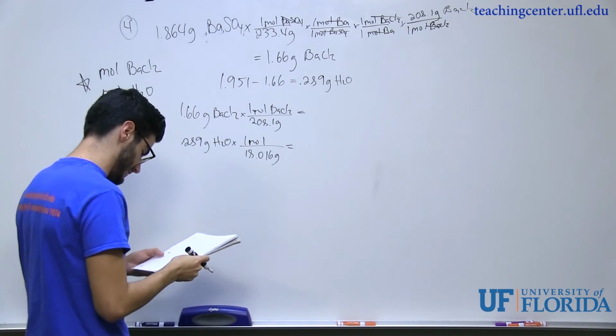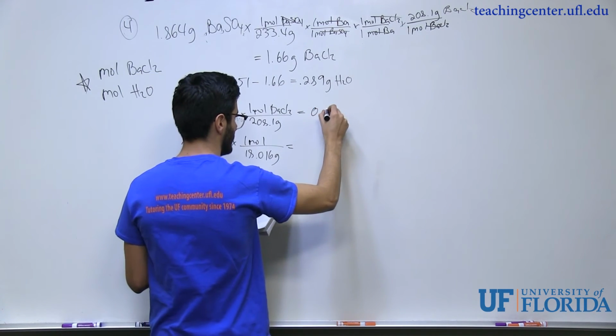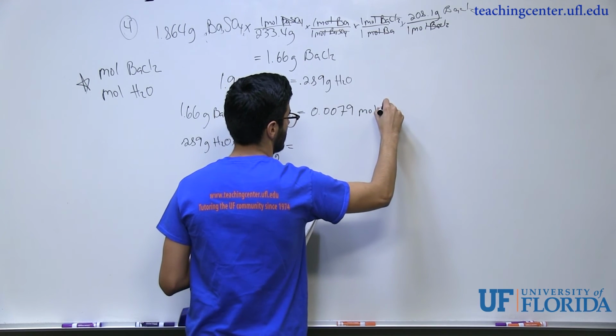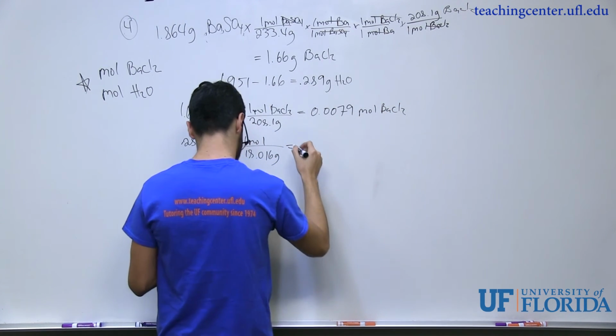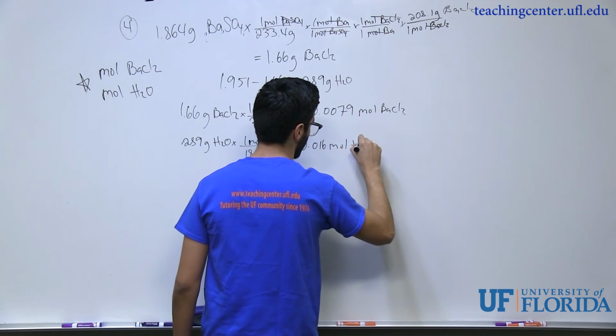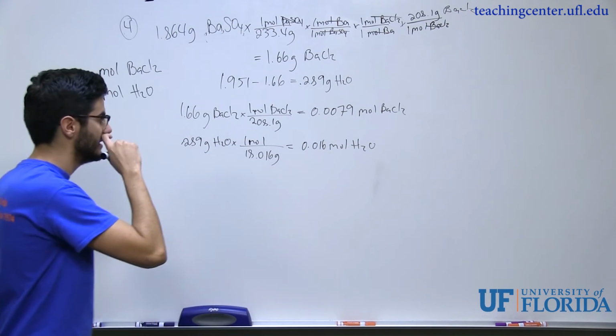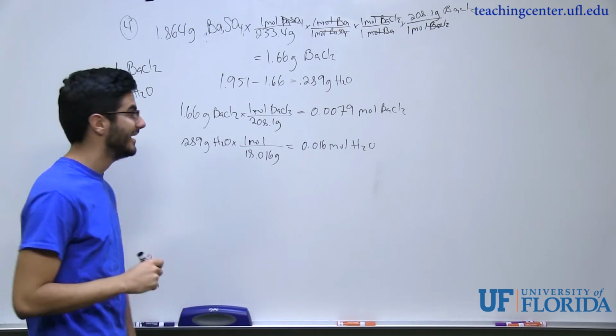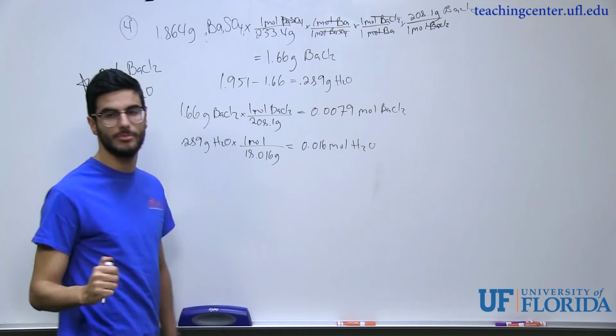These numbers give you 0.0079 mole BaCl2 and 0.016 mole H2O. Now this is really important. If you see here, my moles of water is bigger than my moles of barium chloride. If you get bigger moles of barium chloride, you messed up.